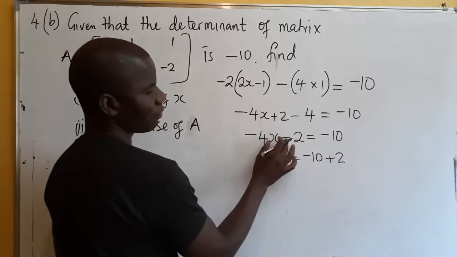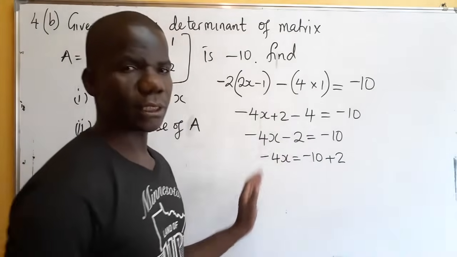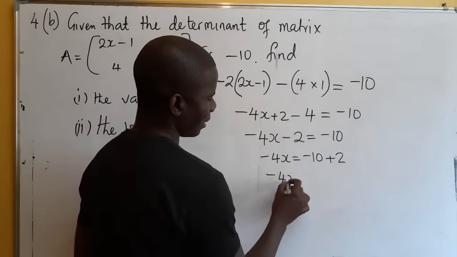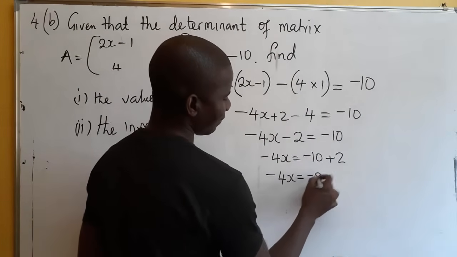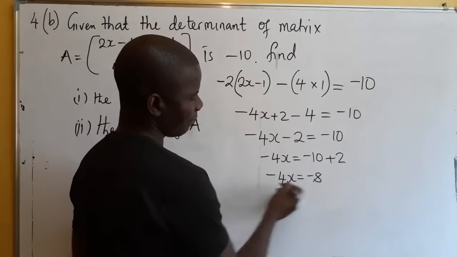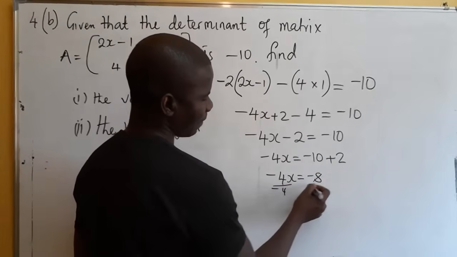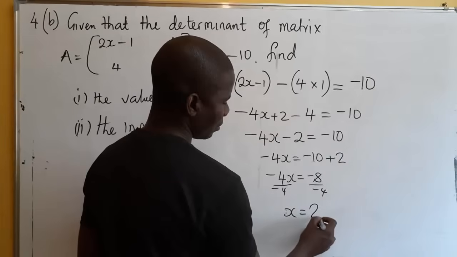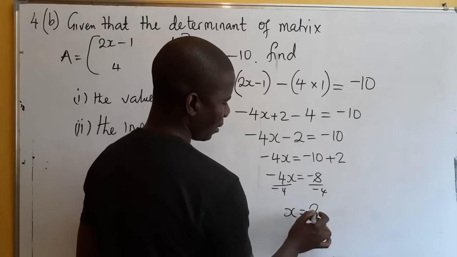The additive inverse of -2 is +2. Alright, so we say -4x is equals to -8. We divide both sides by -4, so x is equals to 2.